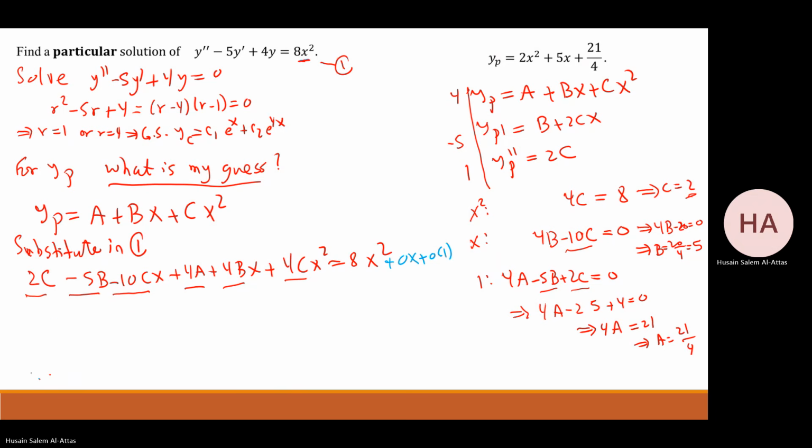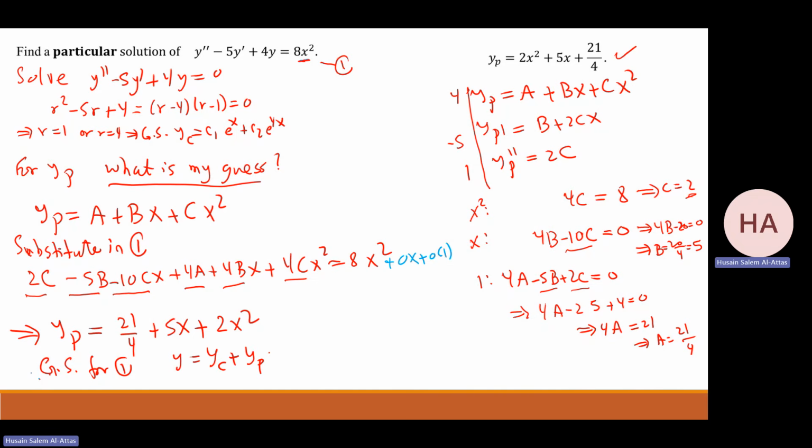So that means what will be yp? We said a is 21 over 4, b times x, b is 5, so plus 5x, plus c, which is 2x squared, which is this one. If you want the general solution for 1, that will be y equal yc plus yp, and that is this.